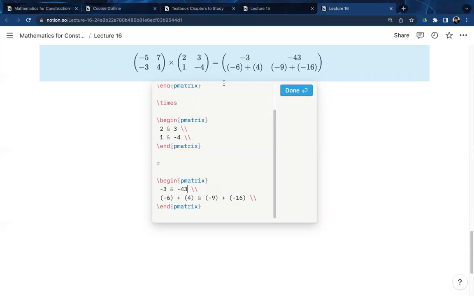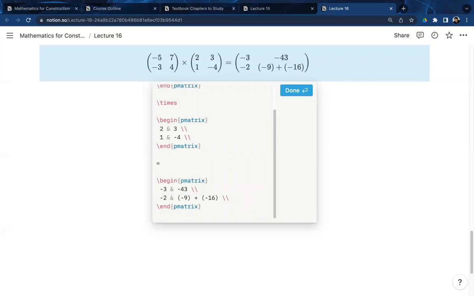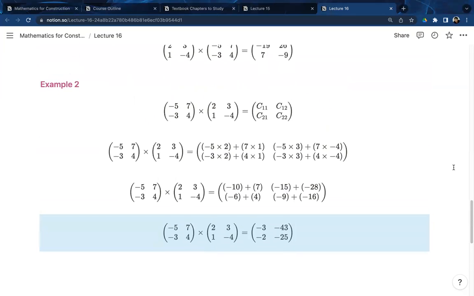Right? Minus 9, negative 60, negative 25. And I think that should be the answer there.